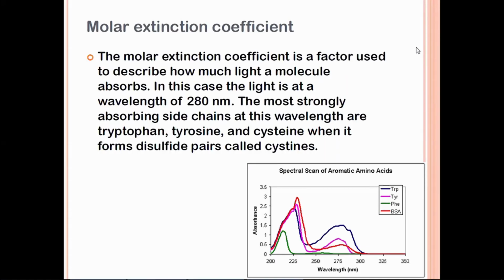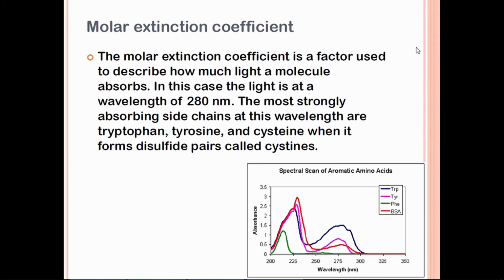Another physical property is the molar extinction coefficient. We have to know this coefficient because we use it to calculate the concentration of our protein using a spectrophotometer. We calculate the concentration using the equation: absorbance equals molar extinction coefficient times B, where B is the length of the cuvette, times C, where C is the concentration.